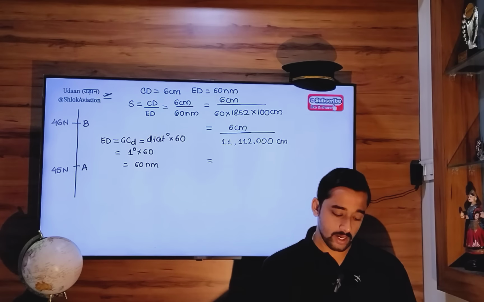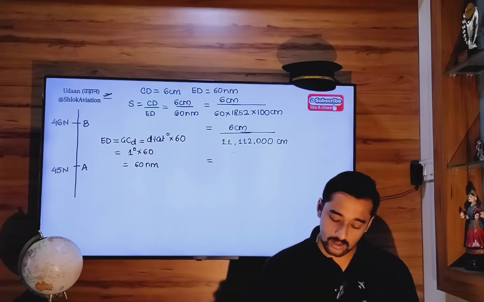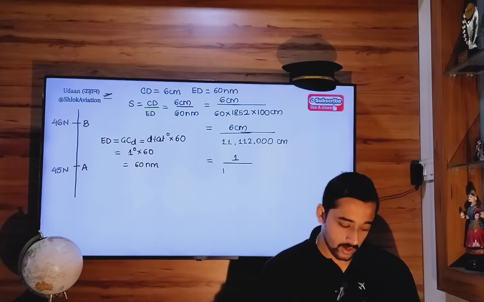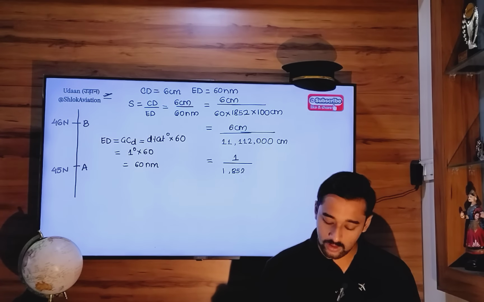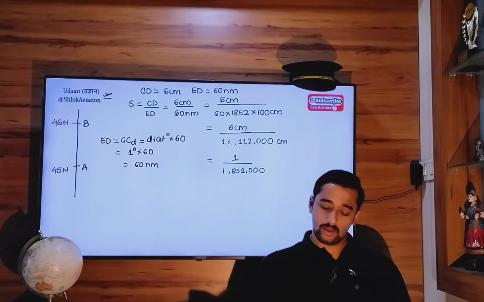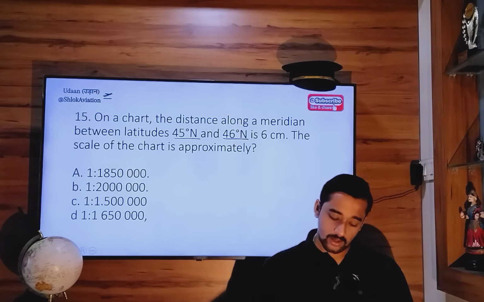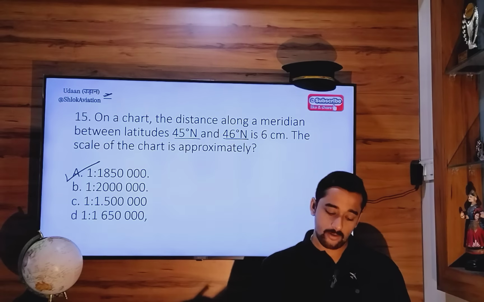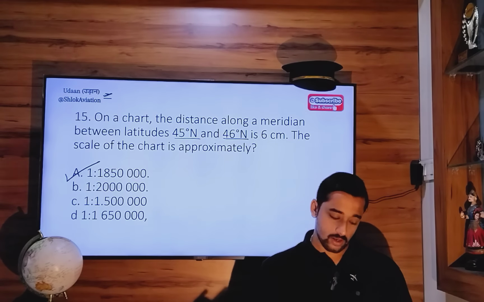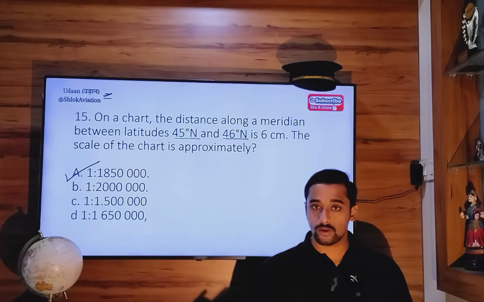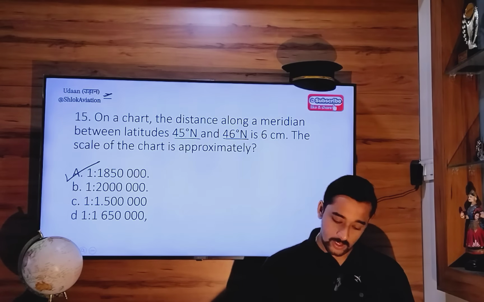So now divide numerator and denominator by 6, you get 185,200. So final answer will be the answer closest to this, that is option A, 1 to 850,000. Yes. So this is how you do the sum.